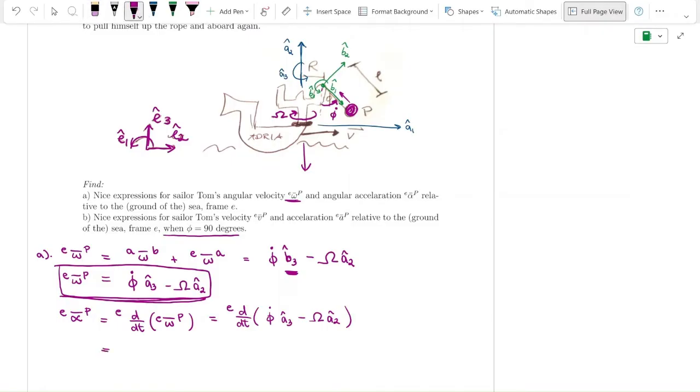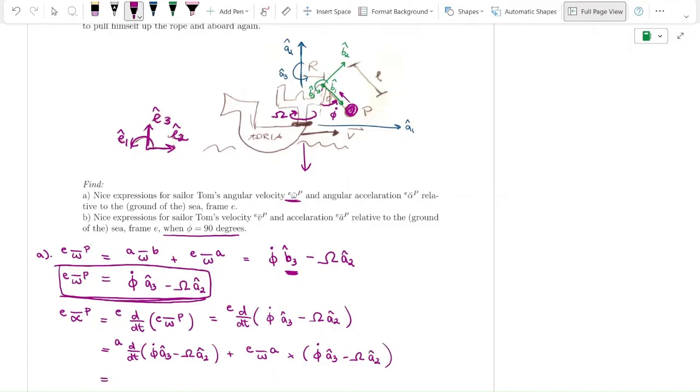So this becomes applying BKE, taking first the time derivative of the original vector with respect to the frame it's already written in, which is the A frame, plus the angular velocity of that frame with respect to the E frame, crossed with the original vector, which is phi dot a3 hat minus omega a2 hat.